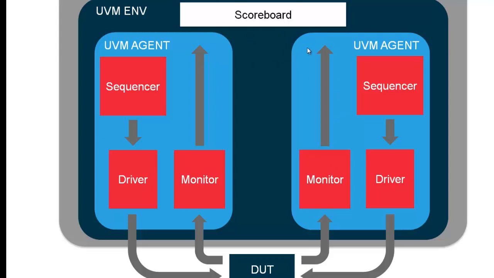Then a scoreboard uses high-level SystemVerilog constructs such as a queue or associative array to store the data and do some basic comparison between all this data. But the main question is what information, how, and when this information is sent to the scoreboard.